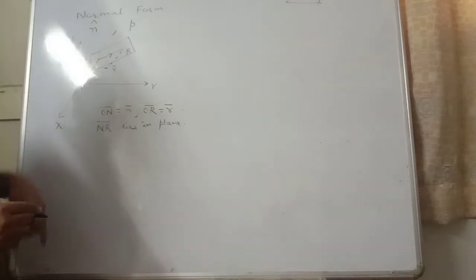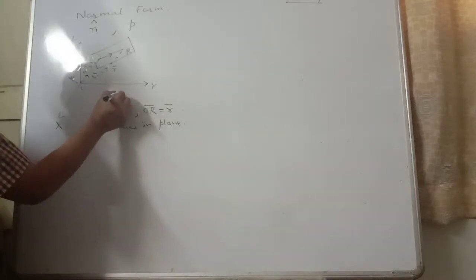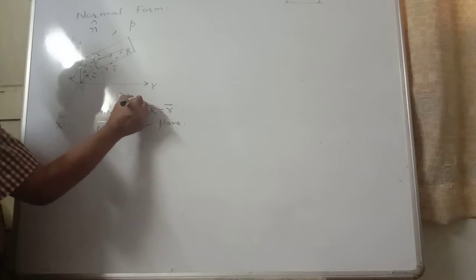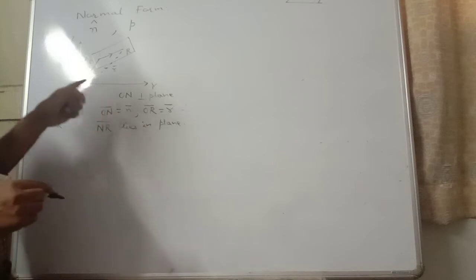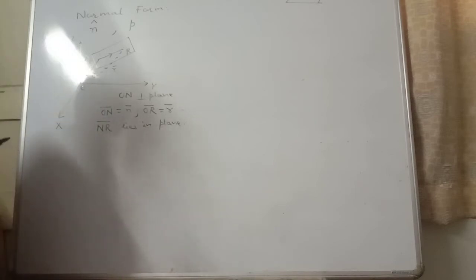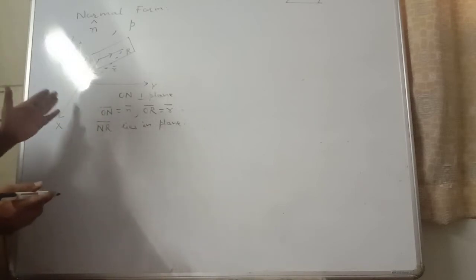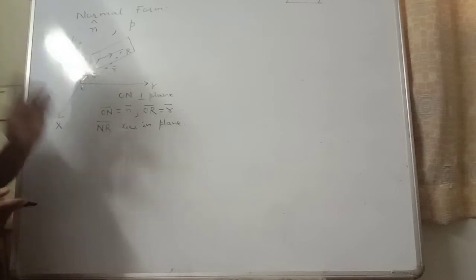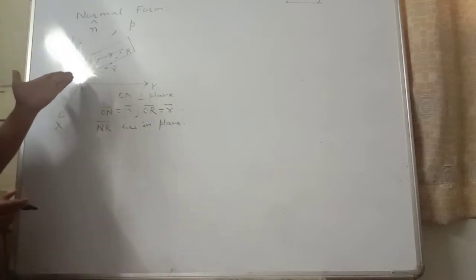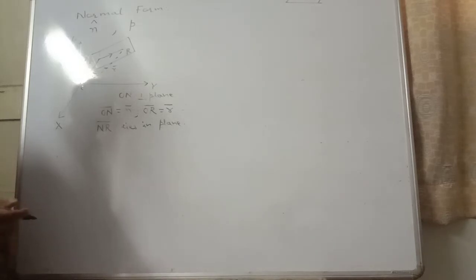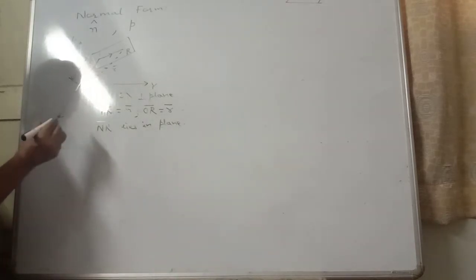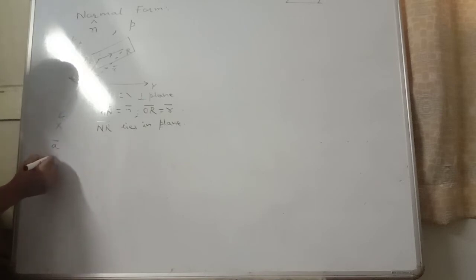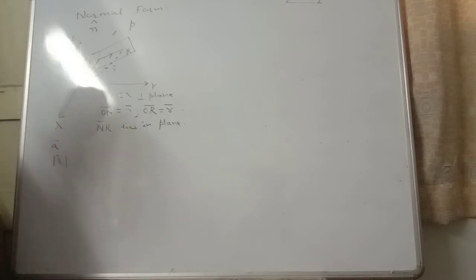Now ON is perpendicular to the plane. It means that n bar is perpendicular to the plane, or n cap is along n bar. N cap is nothing but a unit vector. Now we know when a bar is a vector, then its magnitude is denoted by mod a bar.